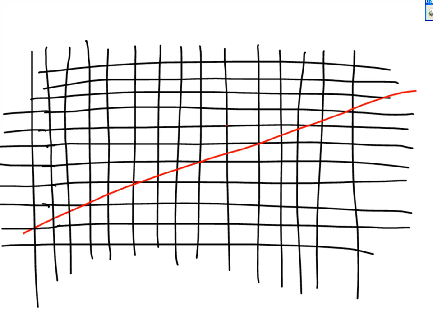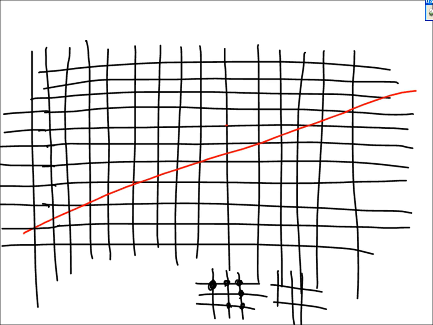But what you want to do is pick a point on the corners. Let me be crystal clear what a corner point is. These are corner points. This point is not a corner point.